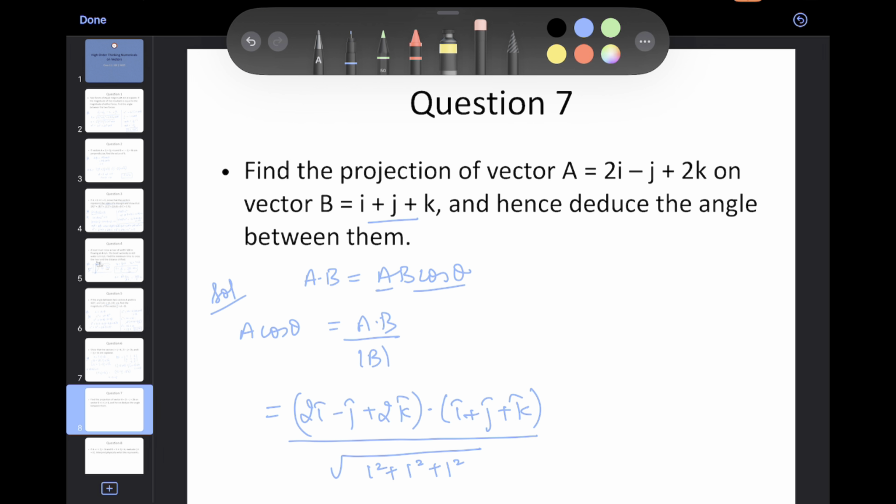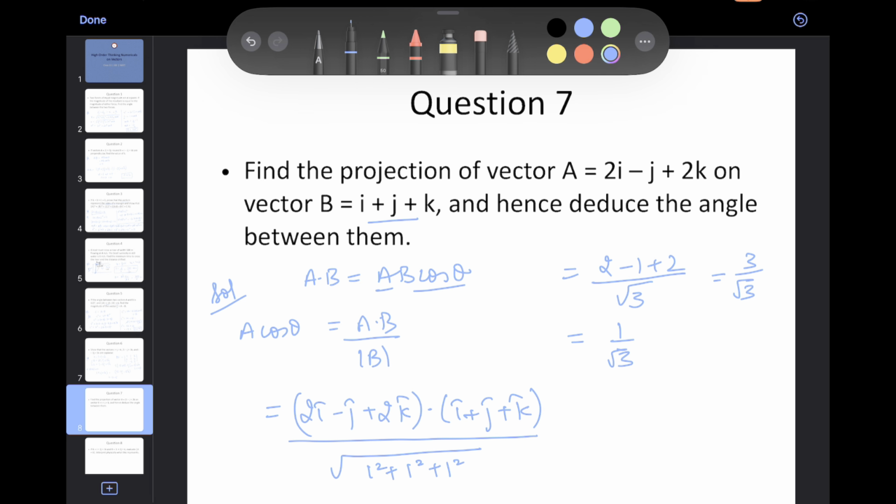Then take the dot product, which is 2 ones are 2, minus 1, plus 2. 2 plus 2, 4, 4 minus 1 is 3, by root 3. And if you rationalize it, it comes out to be 1 by root 3. So the projection is 1 by root 3.